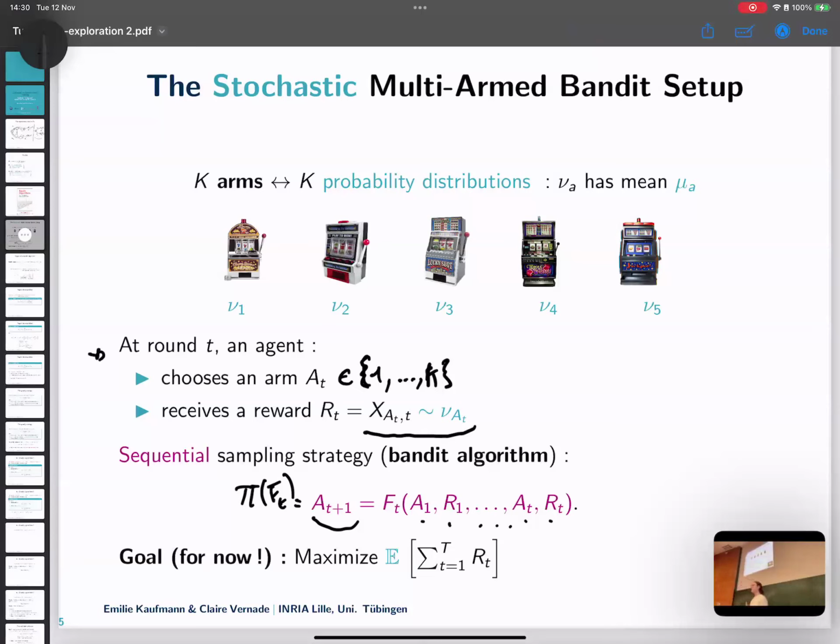I'm going to play with this environment, pulling arms from this casino T times, and I want to pull more often the arm that has the largest expectation. I haven't written that yet, but it's in the next slide. For each arm, this is saying that the expectation under nu_A of the reward is mu_A.